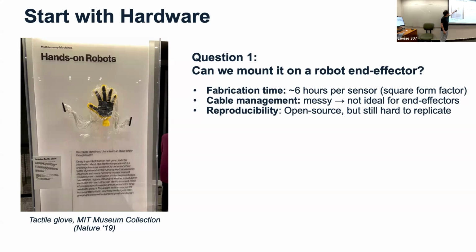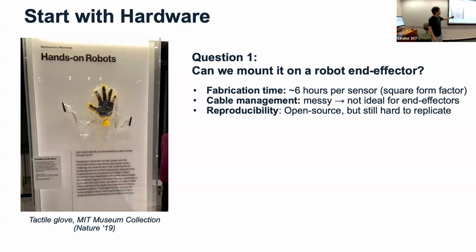Here we see a lot of cables and it's very messy. These cables are not ideal for a robot end effector, because you need the arm to move freely to do dexterous manipulation.